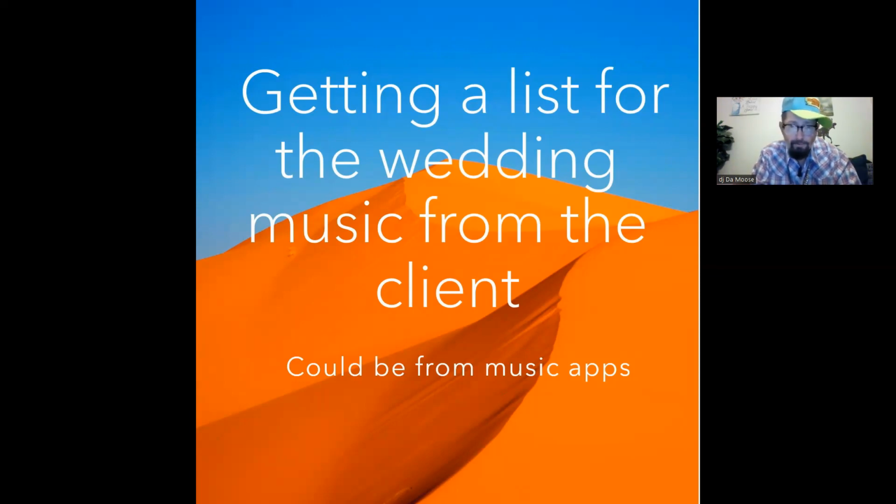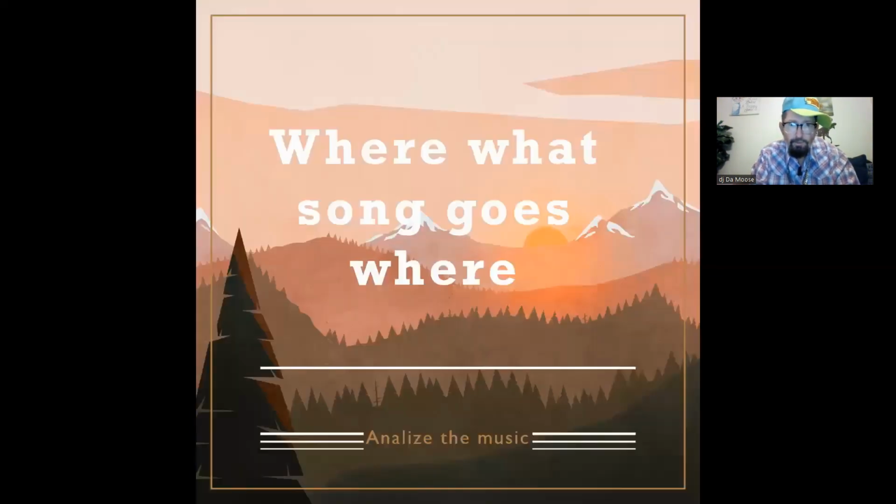It's a 3-step process, right? Okay, now that they sent me this list, what song goes where? I know it sounds kind of crazy. We're not going through and analyzing the track for this, that, and the other.